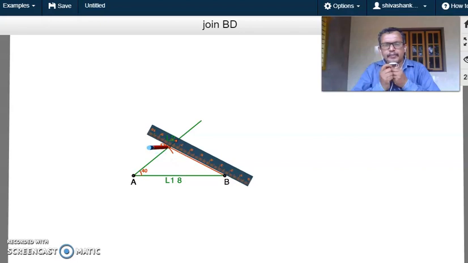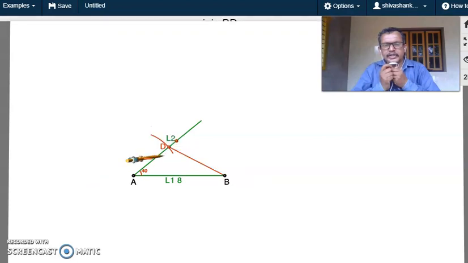Now draw the perpendicular bisector to BD. By taking more than half of DB, draw an arc above DB and below.